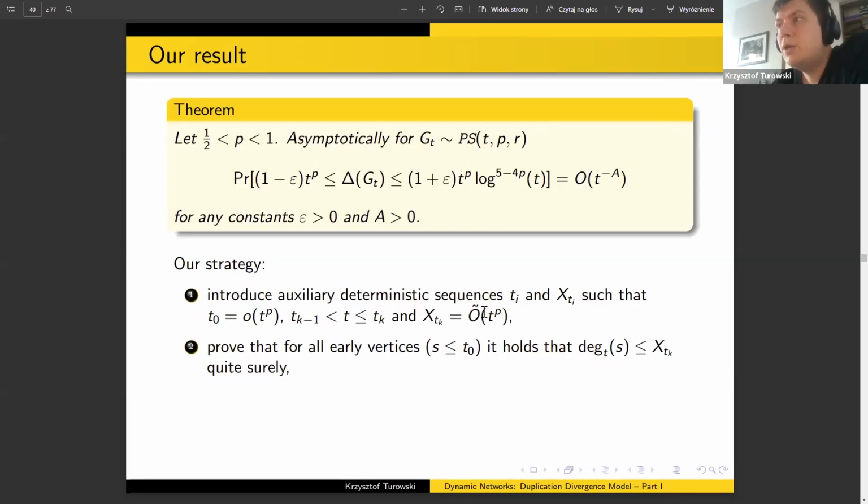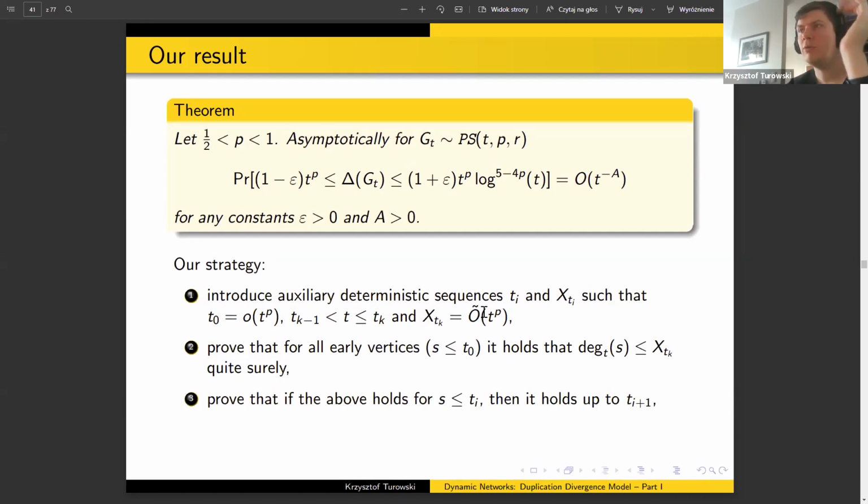Next, we prove that for all early vertices, from 1 to t0, x_t serves as an upper bound of the degree of s, quite surely, meaning the probability of the converse event is below t to the minus a for any a.